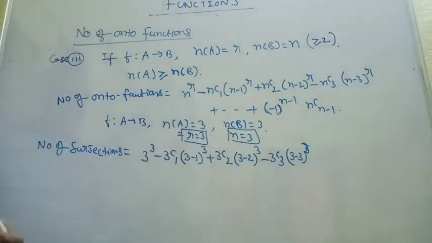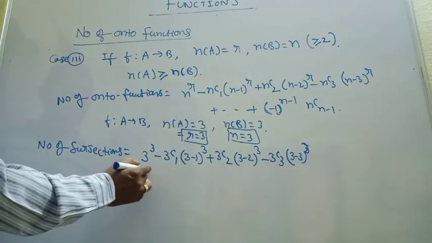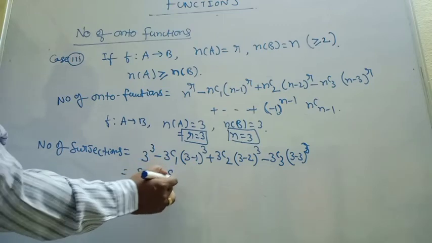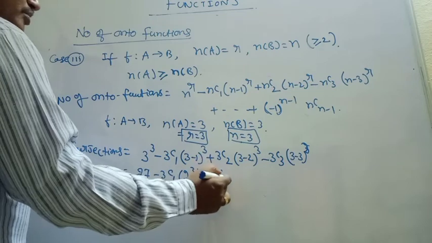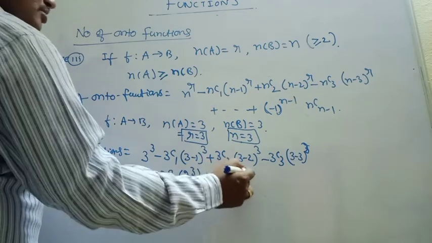There it ends. Now 3 cubed equals 27, minus 3C1 into 2 cubed, plus 3C2 into 1 cubed, minus 0.